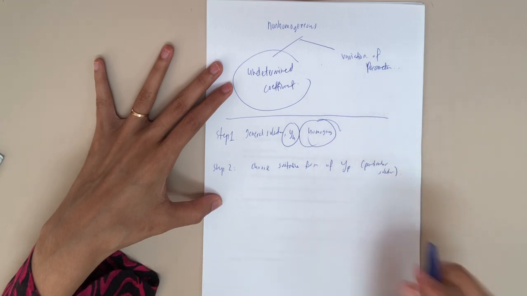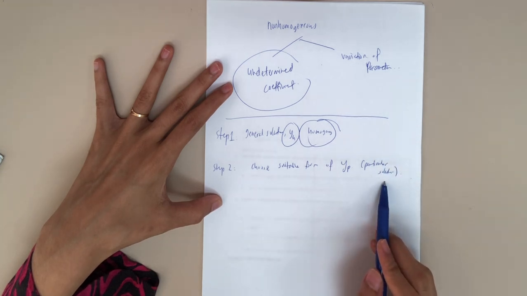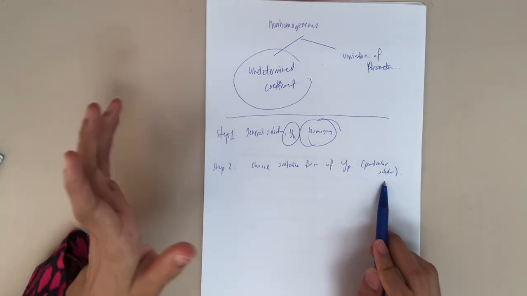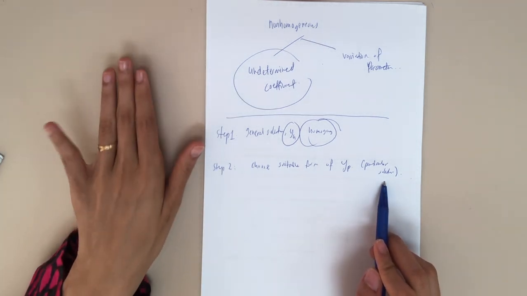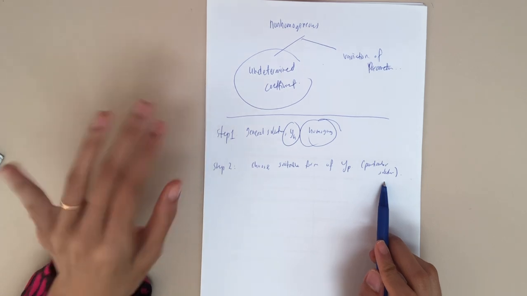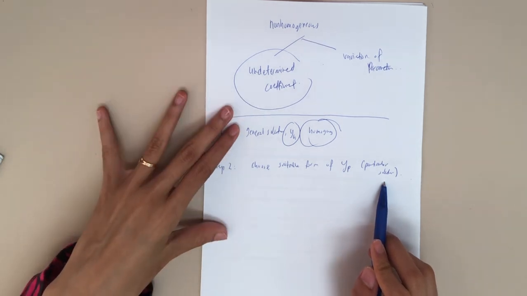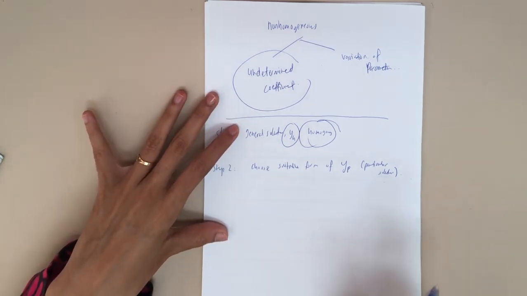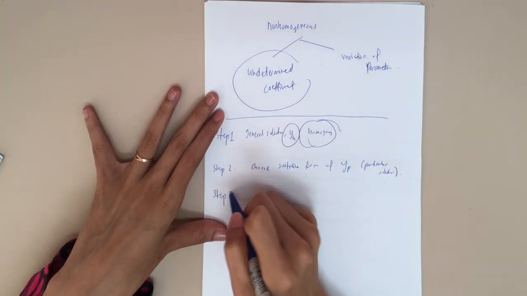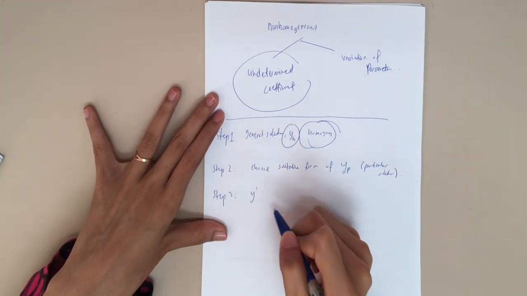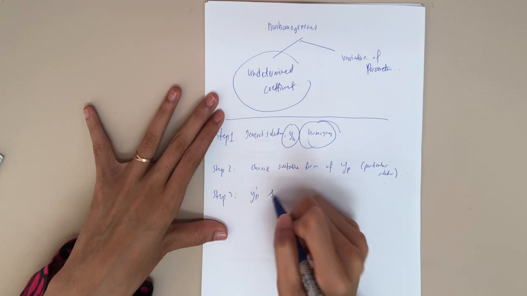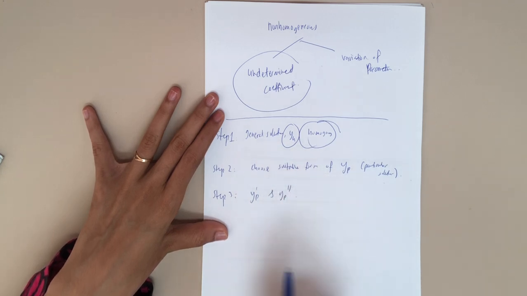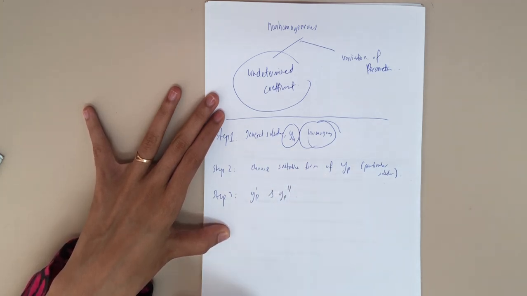This is what I meant just now, that you need to refer to the slides, because in the slide there is a table. We will choose a YP from that table. Step number 3, we need to find YP prime and YP double prime. YP, not Y.